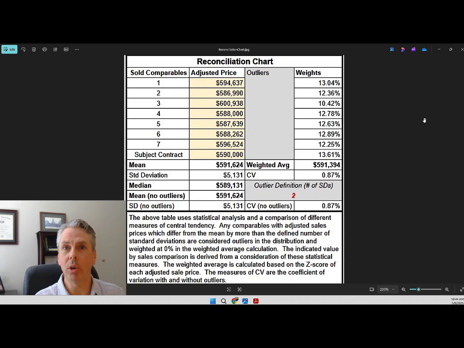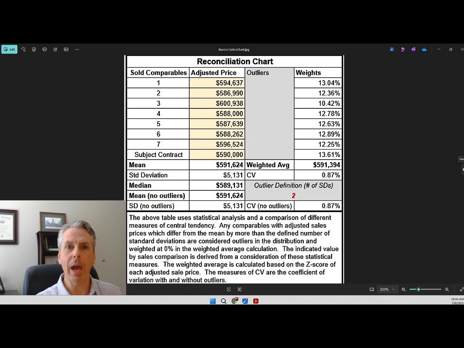So all of these are equivalent properties to the subject now. They've been adjusted to achieve exactly that. Now at this point, I don't want to go back and ask myself, well, which one was the most similar and that one needs to be weighted most? They're all identical properties now. They've been adjusted to accomplish that. So now we need to take a look at statistics because now we have a distribution of identical properties.